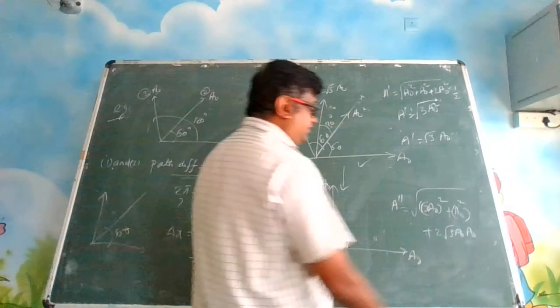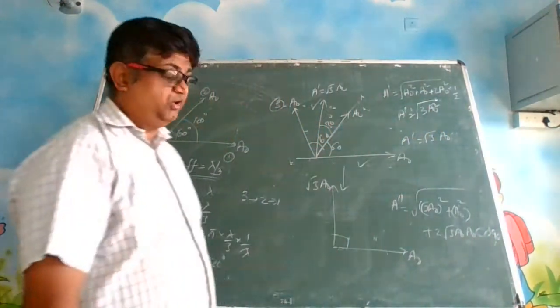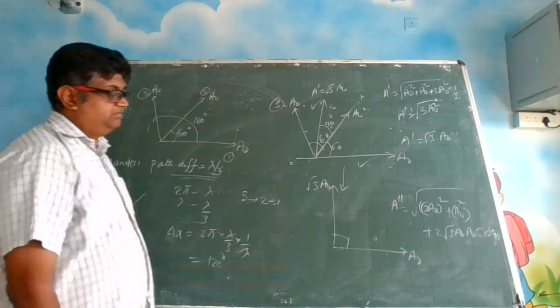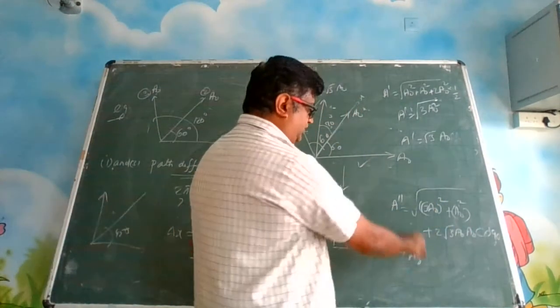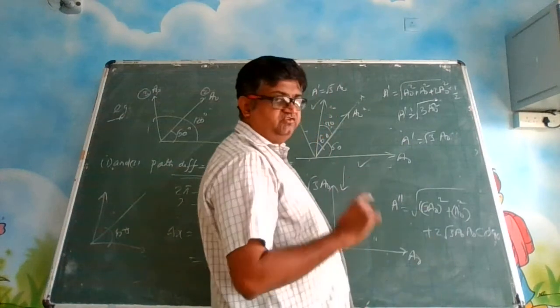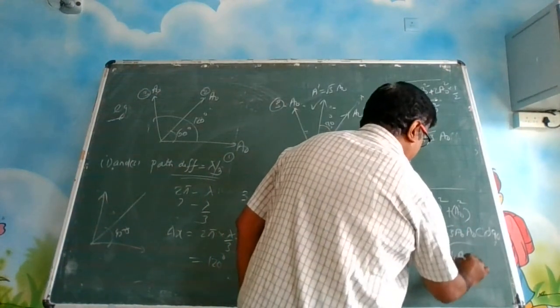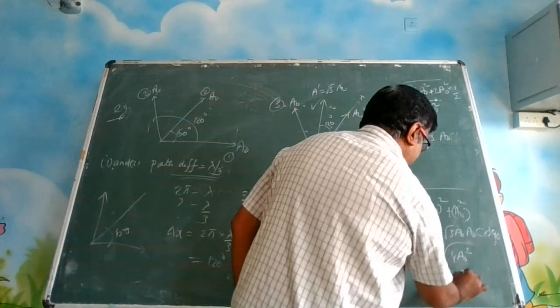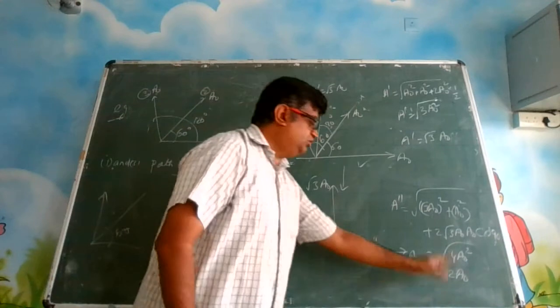Cos theta is cos 90. Just putting the steps so that all are able to follow. So this term becomes 0. So only this is left now. So what is this? Root 3 square is 3. 3 plus 1, 4. So it is root over 4 a0 square, or it is 2 a0. So A double dash is 2 a0.